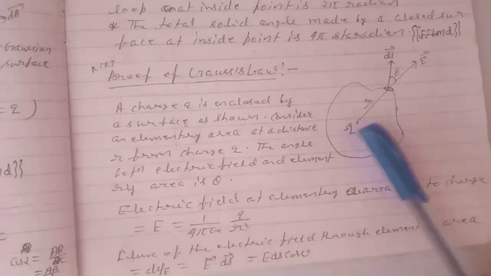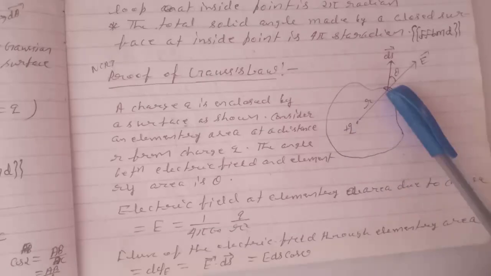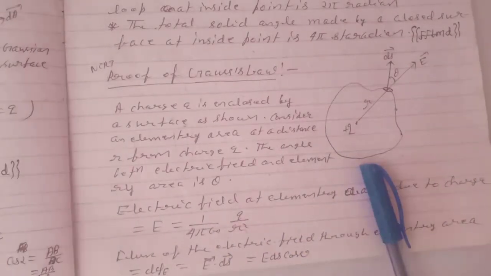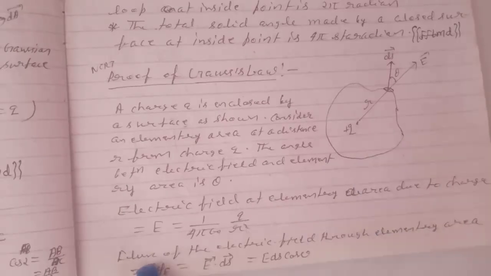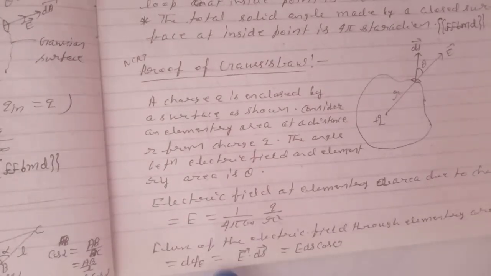We know this formula from earlier: the electric field at a point at a distance r is given by 1 by 4 pi epsilon naught q by r square in magnitude, and its direction is along the radial direction if the charge is a point charge. Now the flux of the electric field through the elementary area is d phi equals E vector dot ds vector, which from the formula of flux is E ds cos theta.